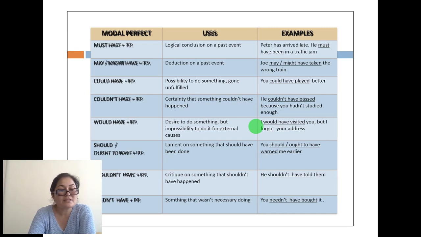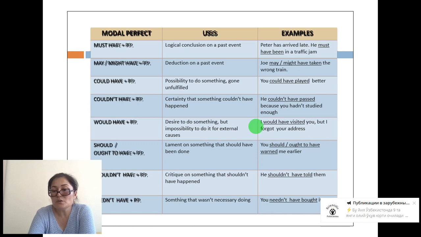Would have plus past participle denotes desire to do something but impossibility to do it for external causes. I would have visited you, but I forgot your address. Should or ought to plus have plus verb 3: lament on something that should have been done.